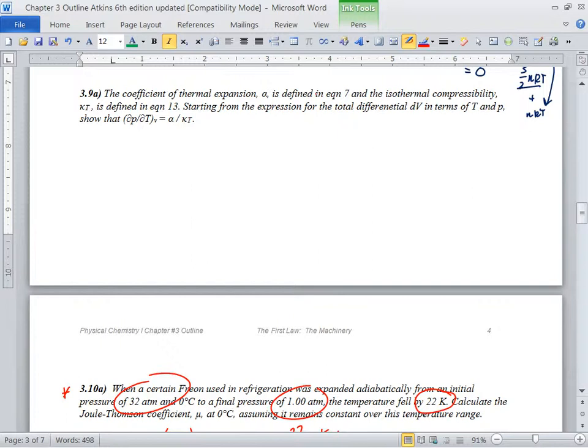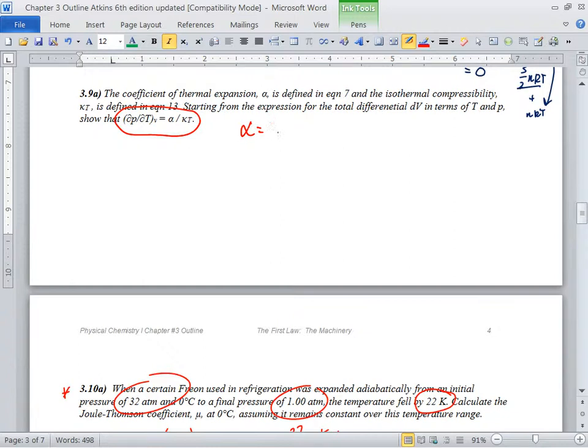All right, alpha is, instead of using that cheat sheet, let's copy it off here. This is number 9. We want to show that this is true. This is what we're after, right? And remember what alpha is.